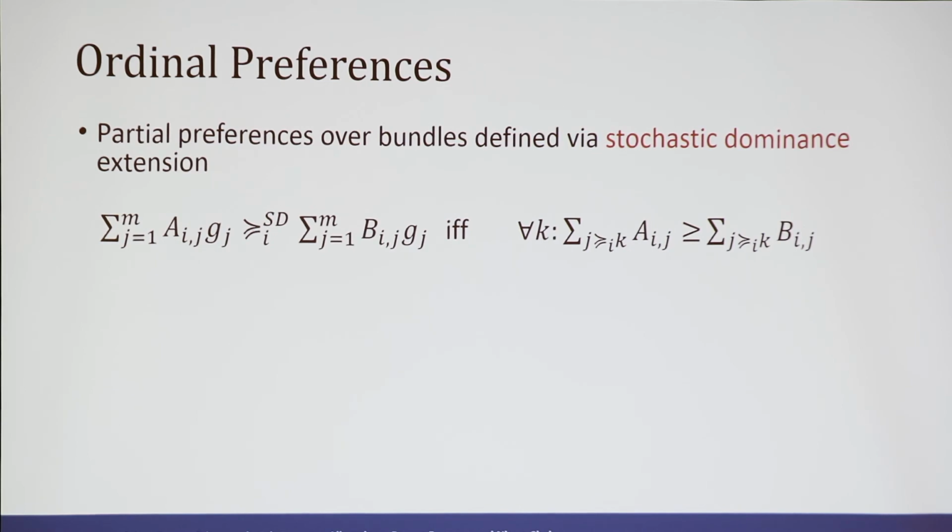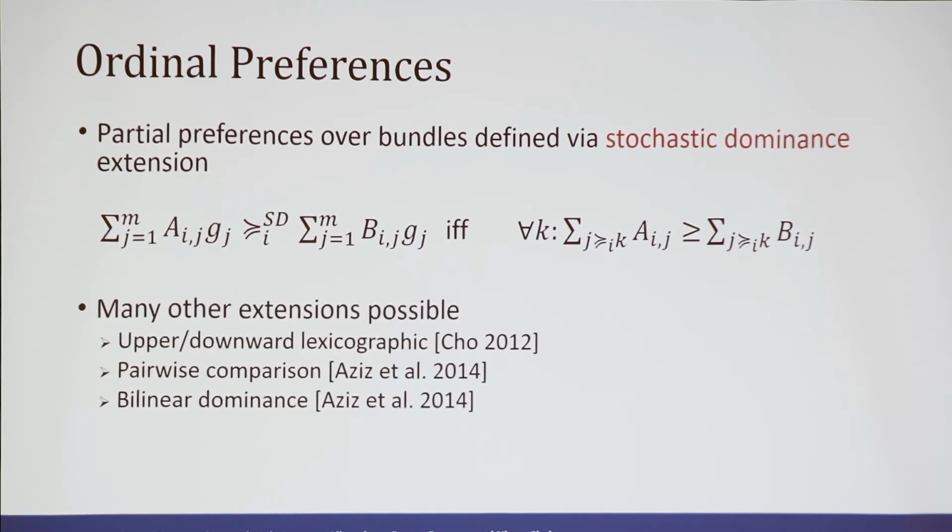It should also give her more of her 2 most preferred goods than B does, and more of her 3 most preferred goods. For all k, allocation A should give agent i more of her k most preferred goods than allocation B does. This is a sense in which A would pretty clearly be better than B.